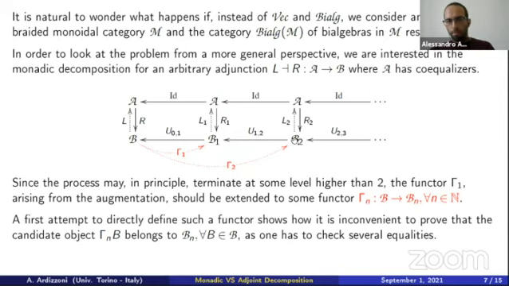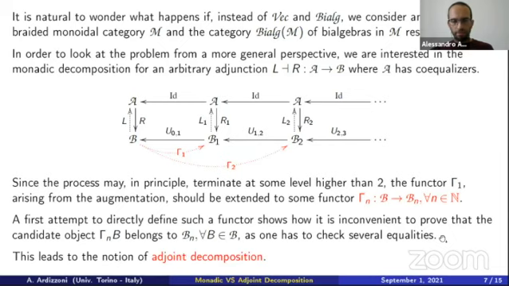An object here is a pair of an object in B1 and a morphism with other 2 equalities, and going on, the number of equalities grows. So it's not so easy. And this led to the notion of adjoint decomposition in order to make the problem more handleable, say.